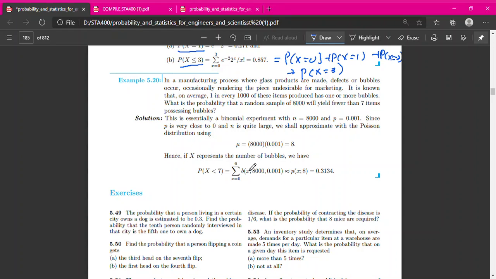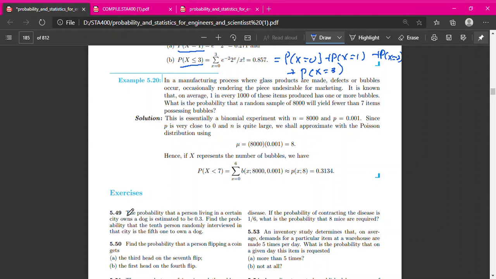In a manufacturing process where glass products are made, defect on bubbles occur, occasionally rendering the place undesirable for marketing. It is known that on average, 1 in every 1,000 of these items produced has 1 or more bubbles.